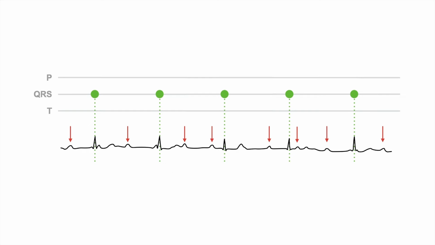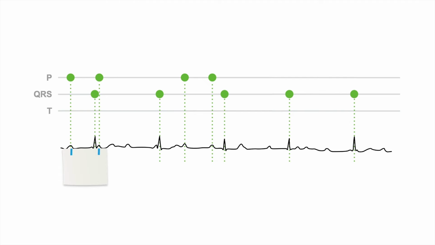You know what? Let's use the trick that we've learned in the last video, the paper and pen method. So we take a piece of paper and we identify the shortest P to P interval we can find on the strip, which would be this one here. Now we're moving the paper over here to the beginning of the strip. So marking this P wave, we know that we would actually expect the second P wave to be located around here.